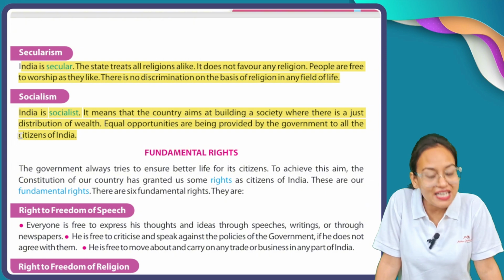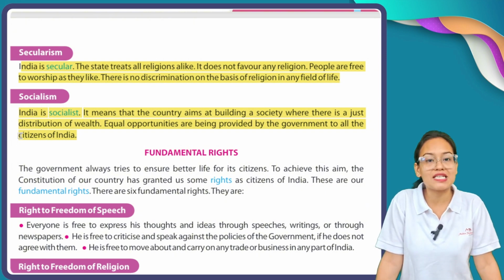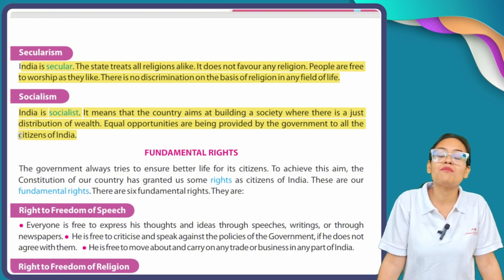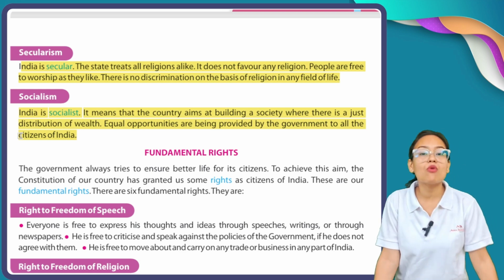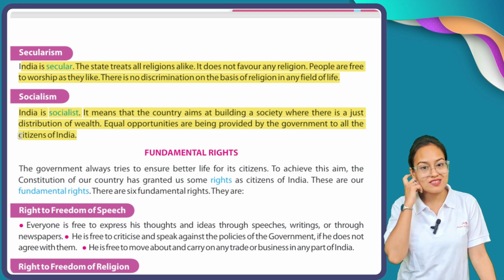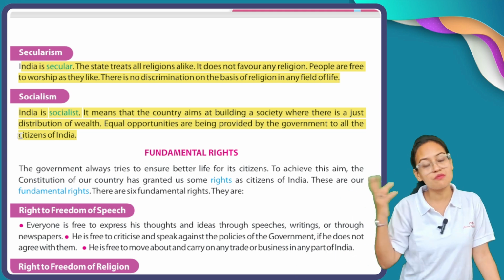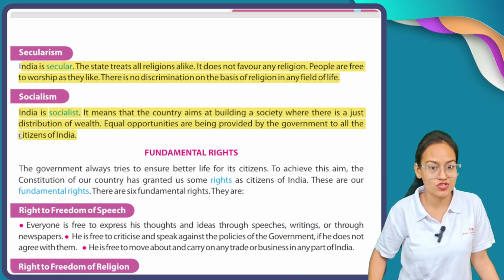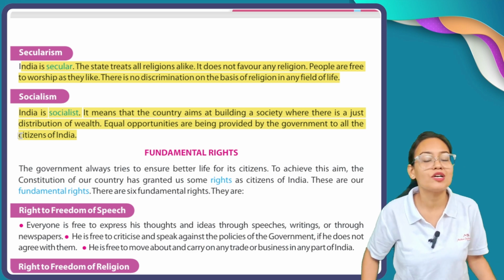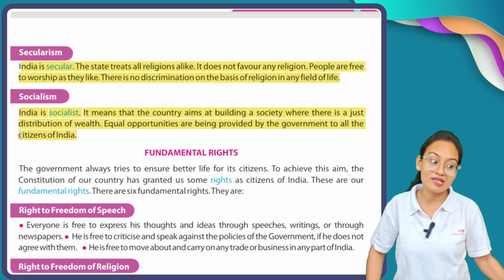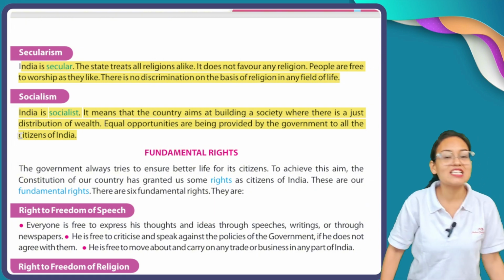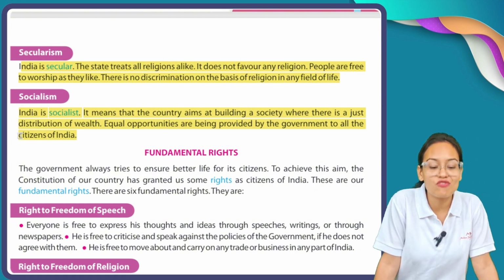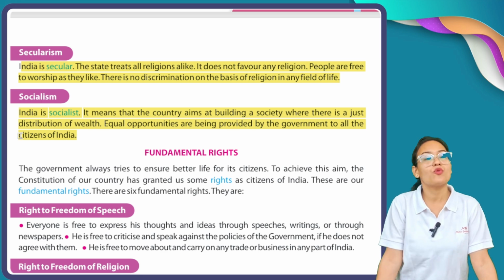Because India aims to build a society where all the economic barriers are removed. Here we all get equal opportunity for employment, maybe in the public sector, maybe in the private sector. There is no restriction that only this particular community or only this particular caste is going to get a job. No, India is also a socialist country. Here we all have equal opportunities.